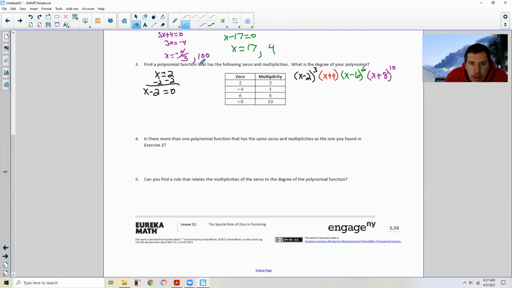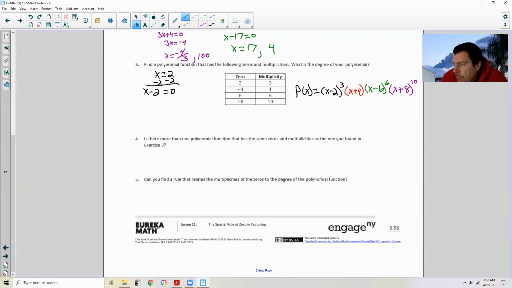So it says, find the polynomial function that has the following zeros. What is the degree of your polynomial? All right. So let me move all this over for a moment. I just moved this down because I want to name this. I want to put this in function notation, P of x for polynomial. P of x equals this.